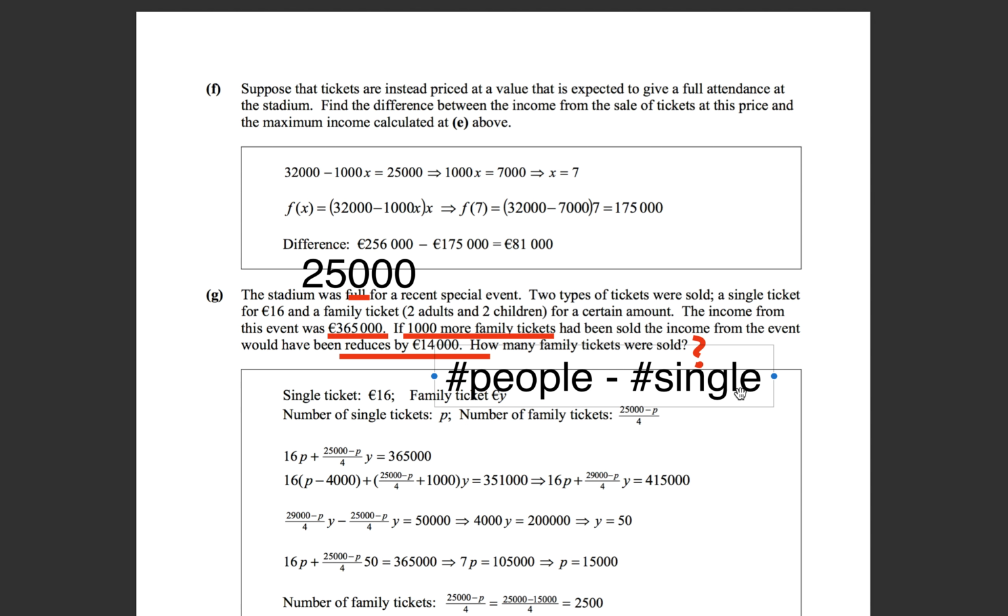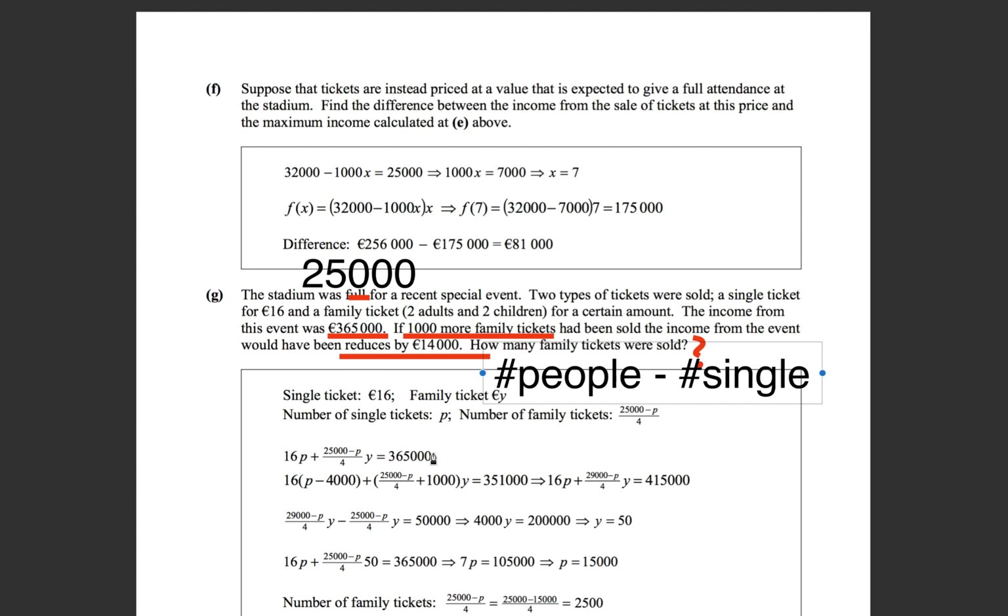Why do we divide by 4? Because each family ticket lets in 4 people. So this alone gives us the number of people coming in on family tickets. Divide that by 4 to get the number of family tickets.